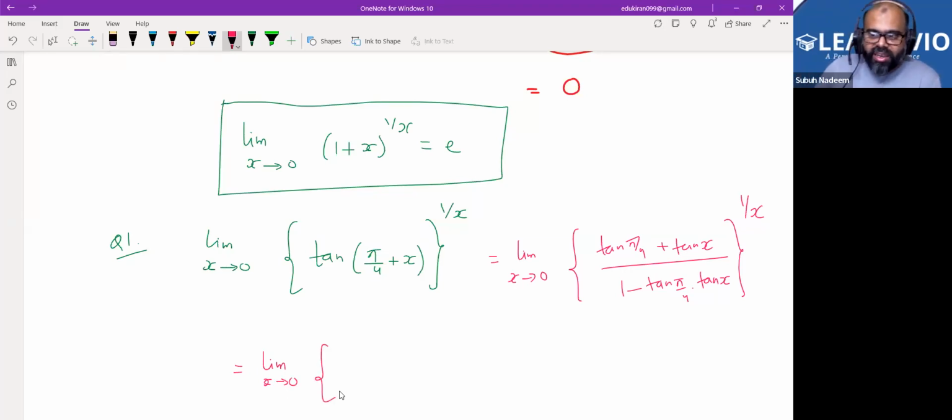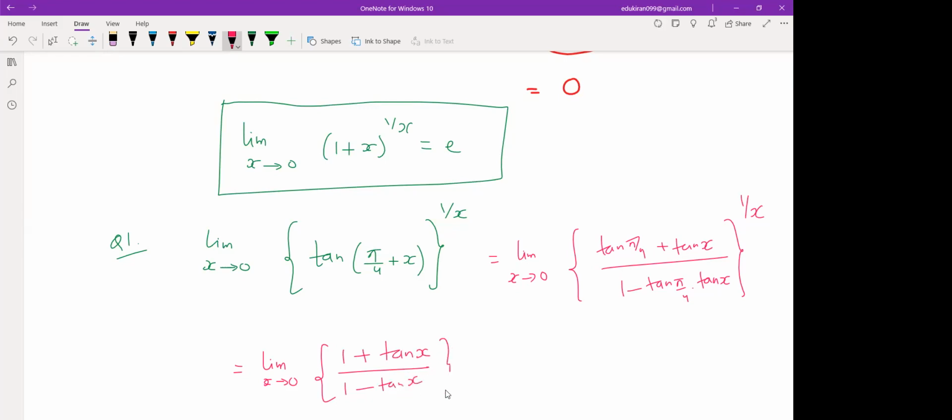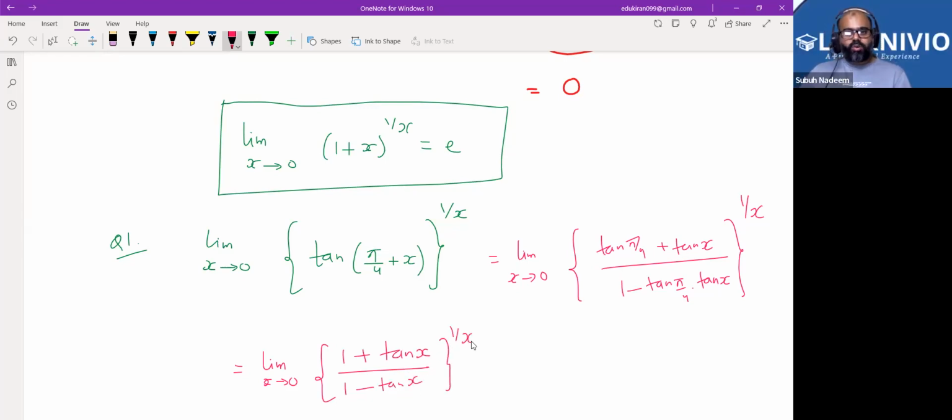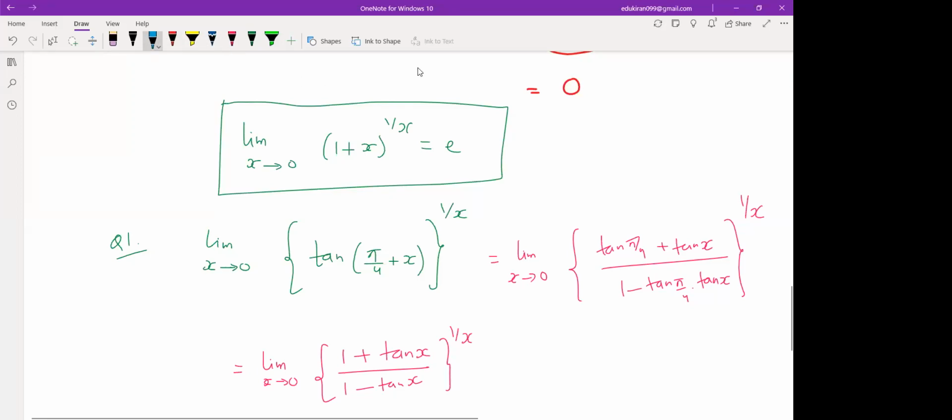That is 45 degree. Tan 45 degree is 1, right? 1 minus tan. Yeah. Now we have reached here. Now how to proceed further? Think a little bit of it.